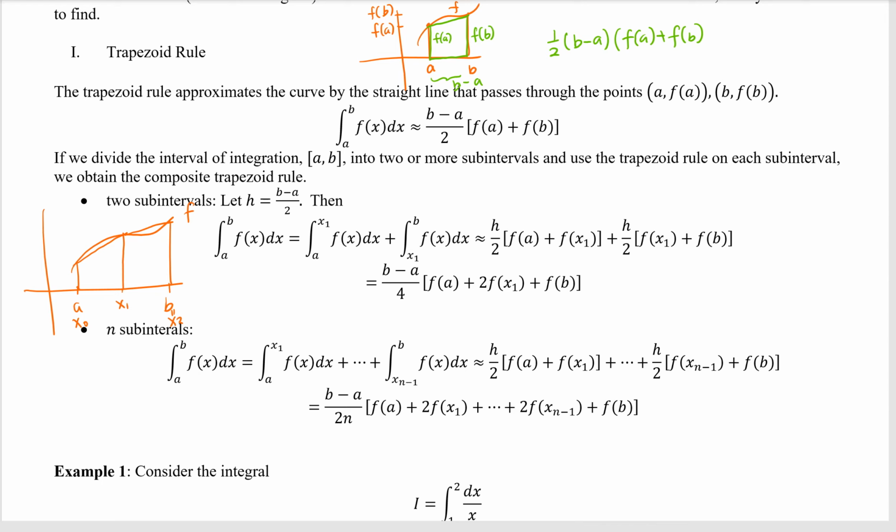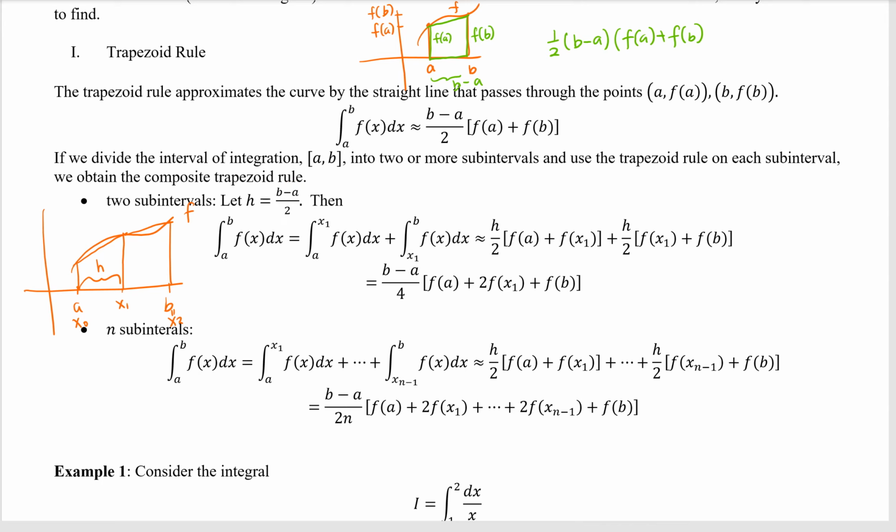Here, let h be the step size, or the difference between two consecutive points. In this case, h is b minus a over 2, because the total length of this interval is b minus a, and we divide it into two subintervals.